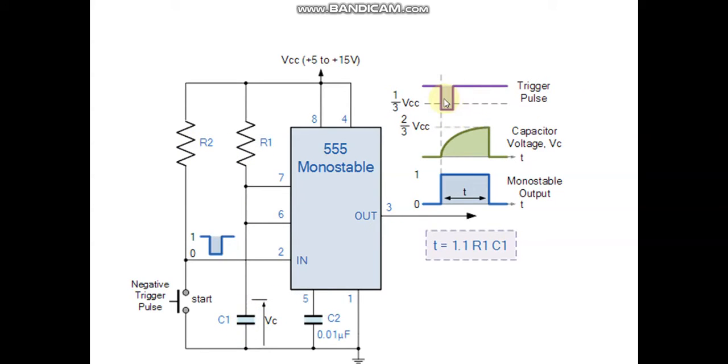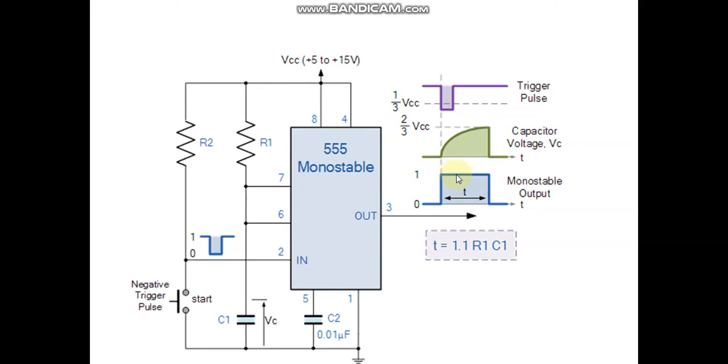So you can see how this operates in a waveform. When you apply a triggering pulse at pin number 2, and the triggering pulse reaches that 1 by 3 VCC point, the capacitor starts charging. When it reaches 2 by 3 of VCC, the upper comparator is triggered and the output goes low, which discharges the capacitor to 0.